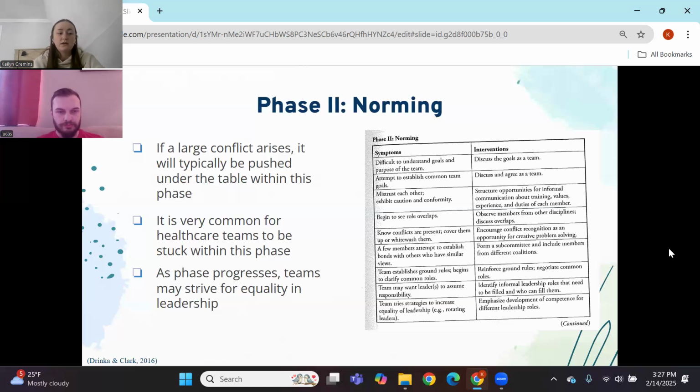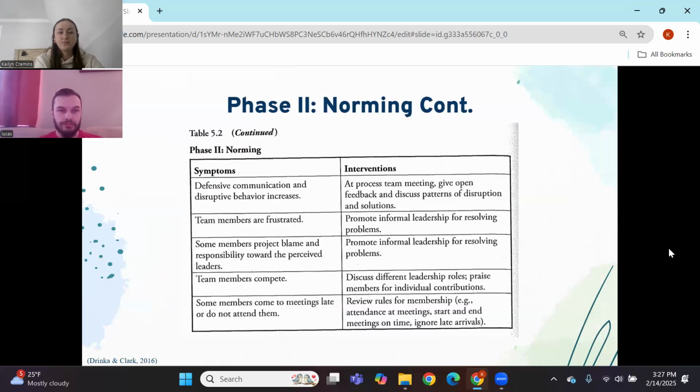So this might lead to competitions between disciplines to try and reassert their role within the team, which would cause further conflicts that are harder to brush under the table and would ultimately lead them to the next phase, which is the conflict phase. And this is another part of the norming chart that talks about the symptoms and the interventions that a healthcare team can implement to try and decrease the effects of the symptoms.